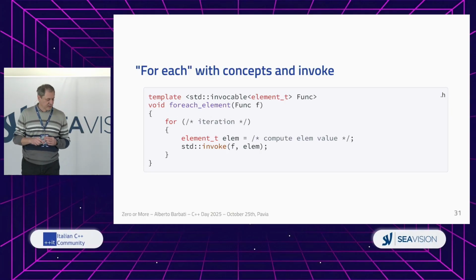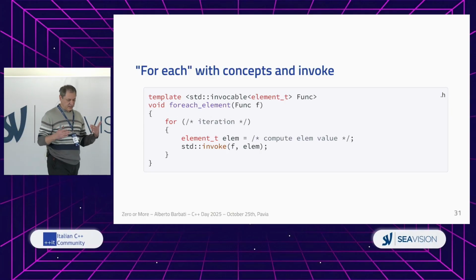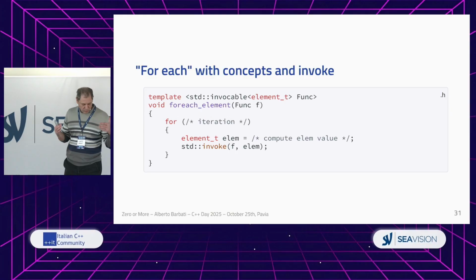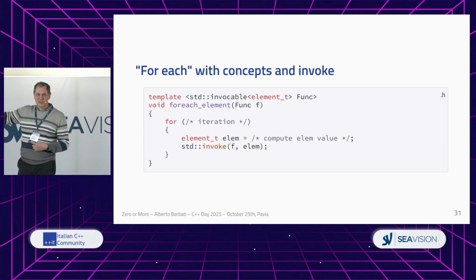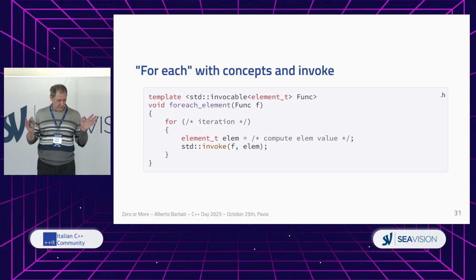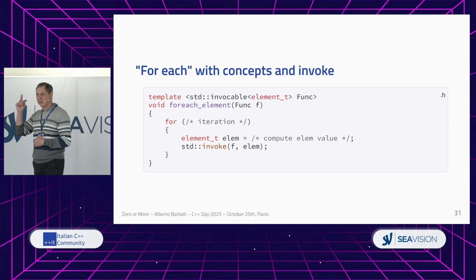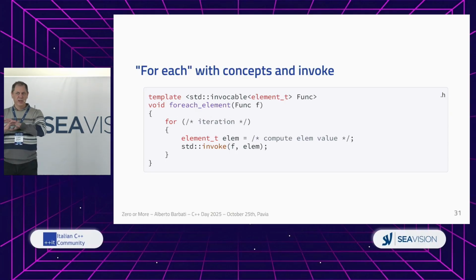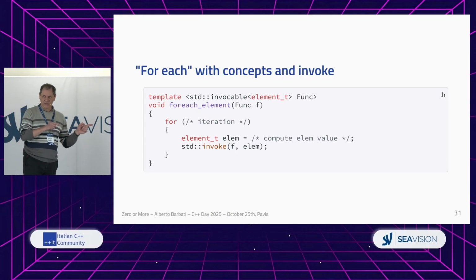That is the difference. So it requires that func is invocable with an element t. Notice that invocable is only about the arguments. So we are requesting that func can be invoked with an argument of type element t. We are not concerned about the return value.